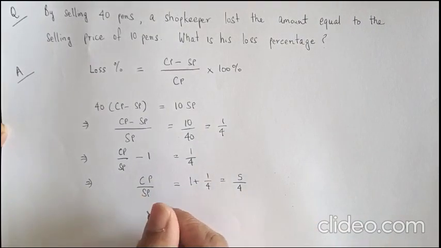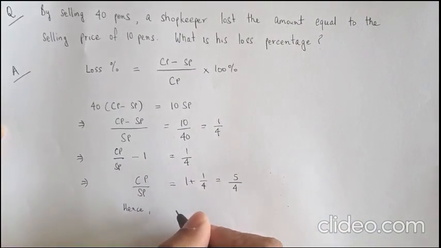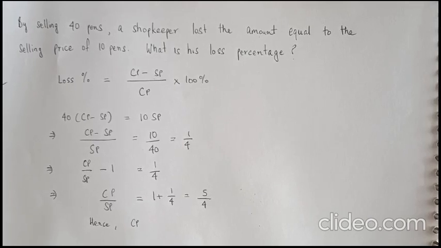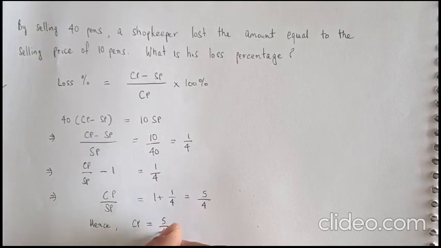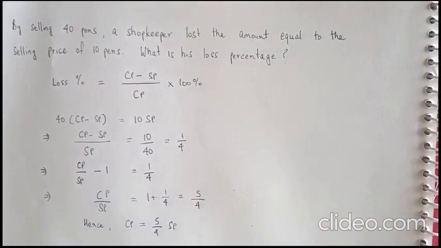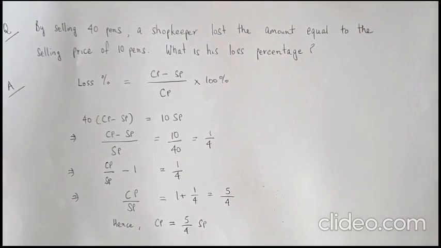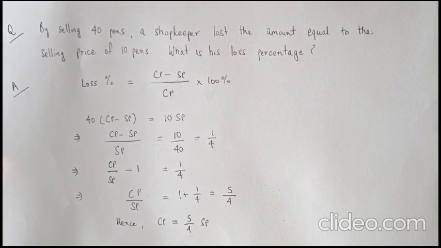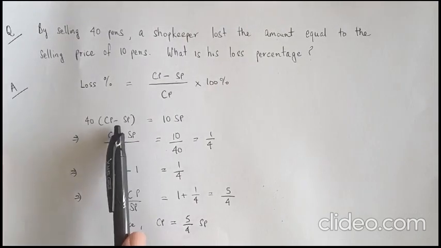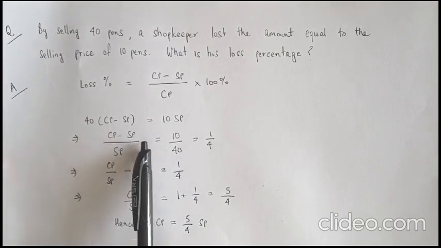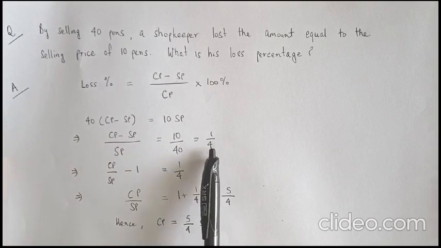Hence we get CP is equal to 5 by 4 into SP, right? Now there are two things that we already know. The two things that we know here is that CP minus SP divided by SP is equal to 1 by 4, right?